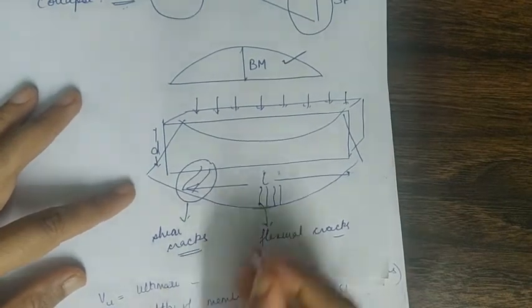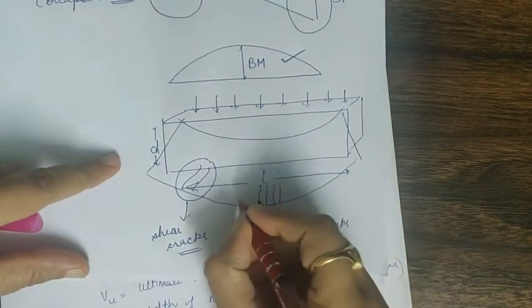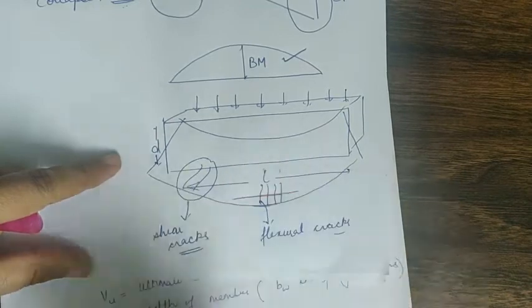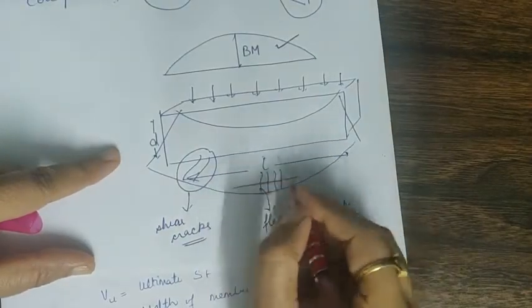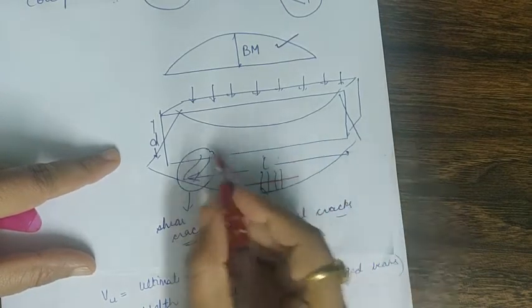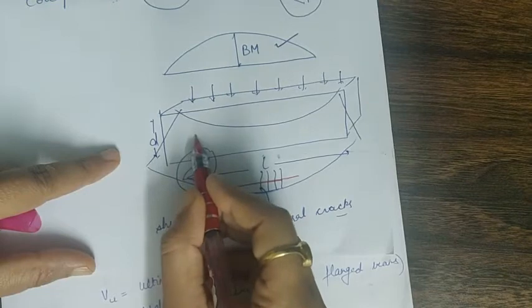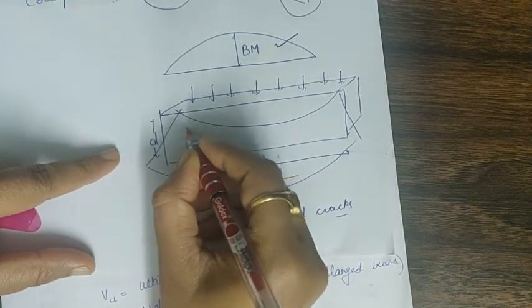Now in order to resist these flexural cracks, what do we do? We provide the reinforcement perpendicular to the crack. That is why this reinforcement is in terms of the longitudinal bars. But at this particular point, we require a reinforcement that is perpendicular to this crack.